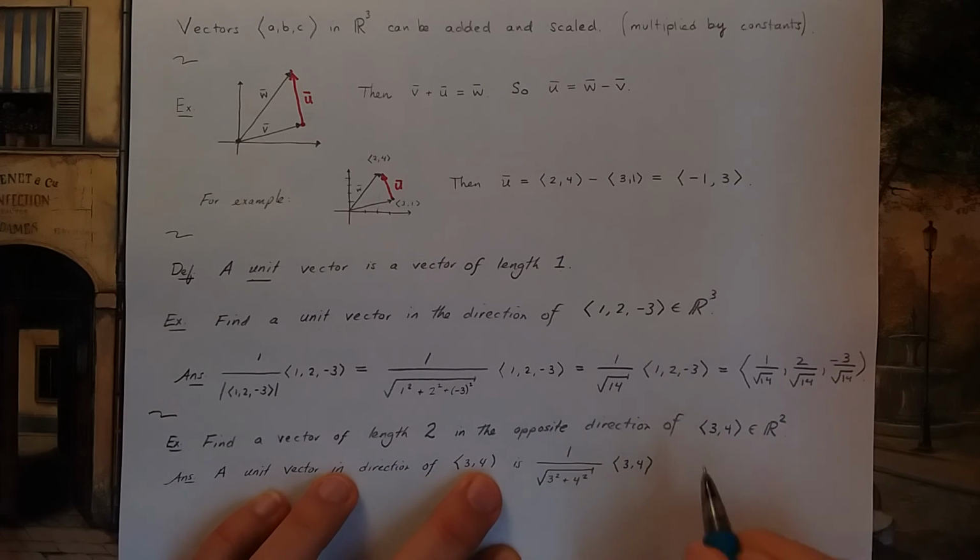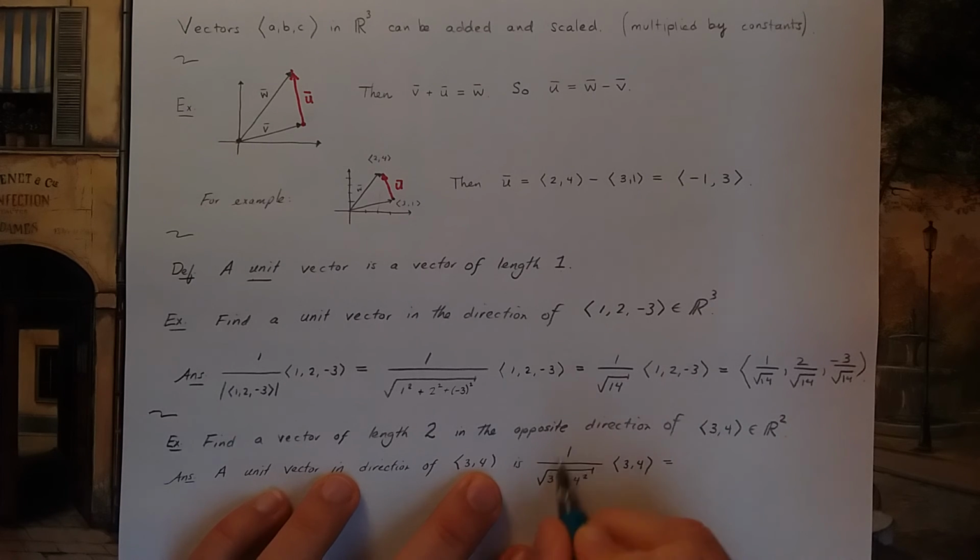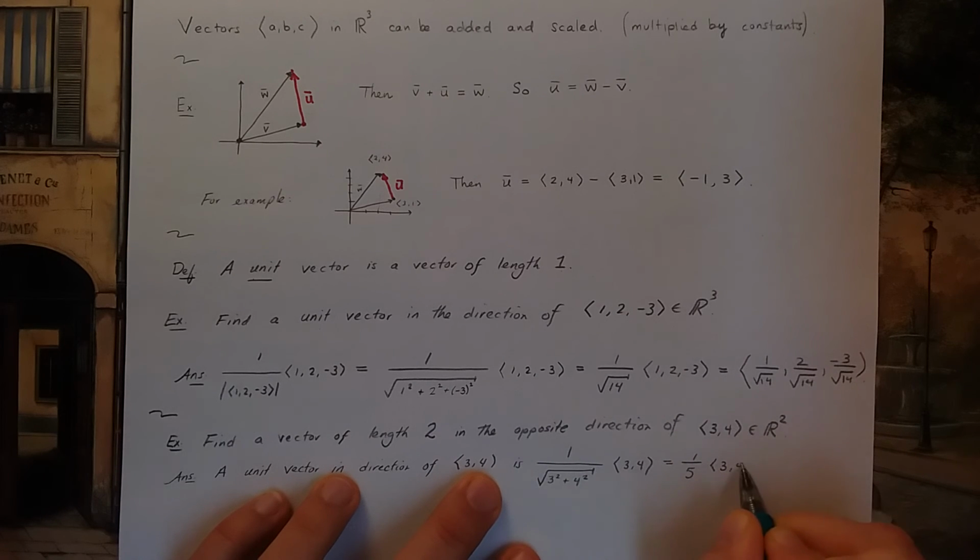Now 3 squared plus 4 squared, I think that's 25, so 1 over the square root of 25 is 1/5. So that's the vector 3/5, 4/5. That's a unit vector in the same direction as 3, 4. So it's the same direction as 3, 4, just scaled.